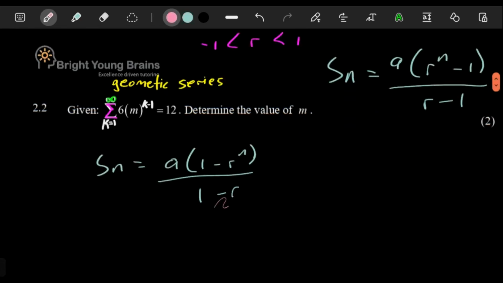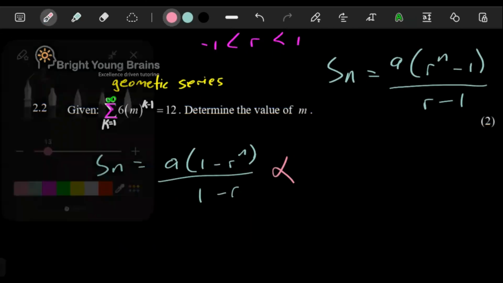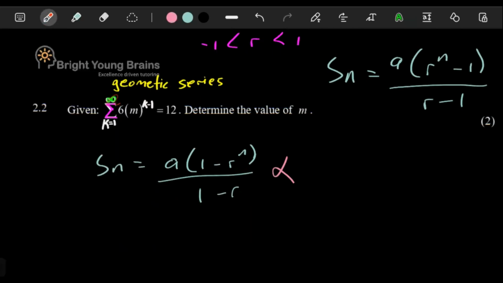So with everything being said here, a sigma expression tells you that you're adding stuff up. So the moment you think of this, you're immediately going to disregard this formula, mainly because of the sum to infinity symbol. Because when you think to yourself, okay, fine, there's sigma there, so I should think of an SN formula, that obviously is not going to work, because you would be asking yourself, how many terms are you adding up?